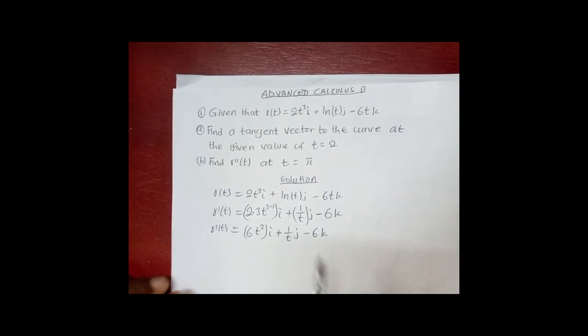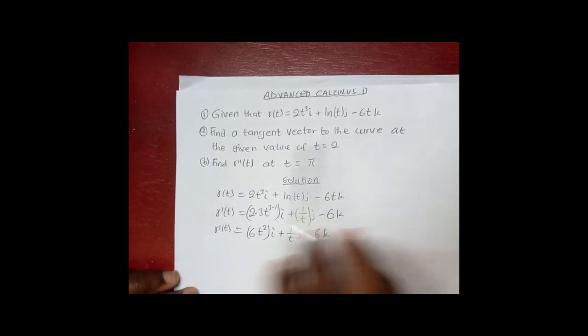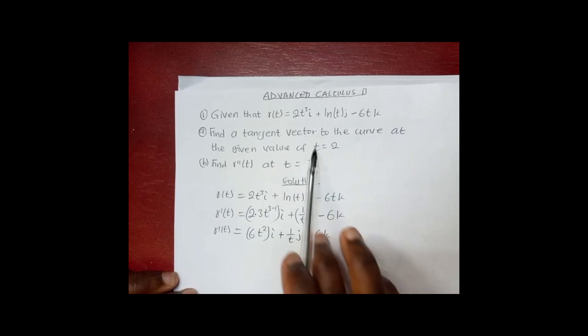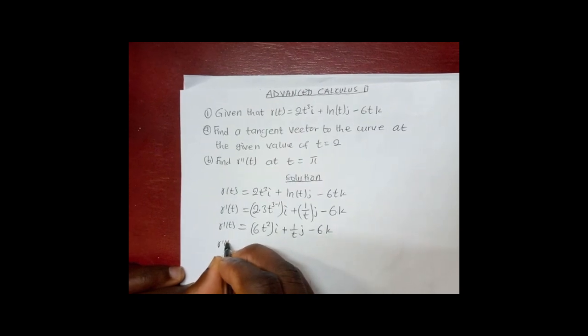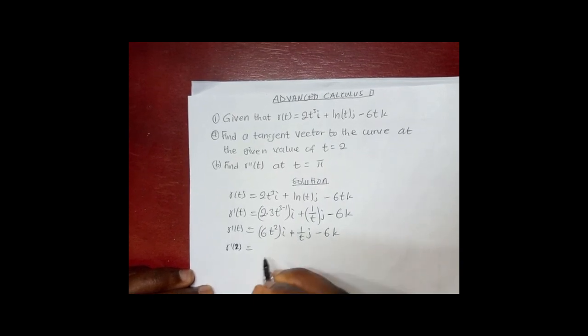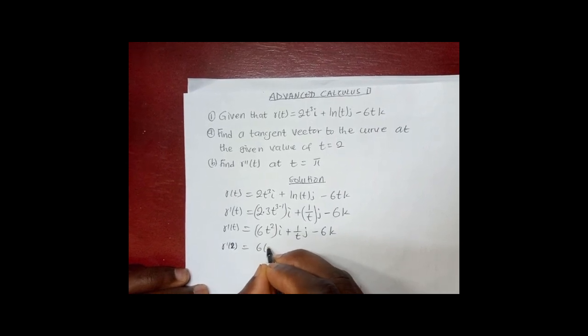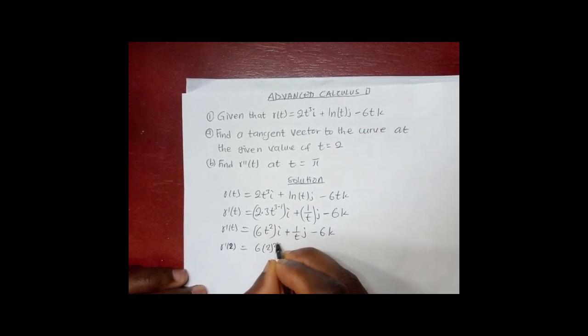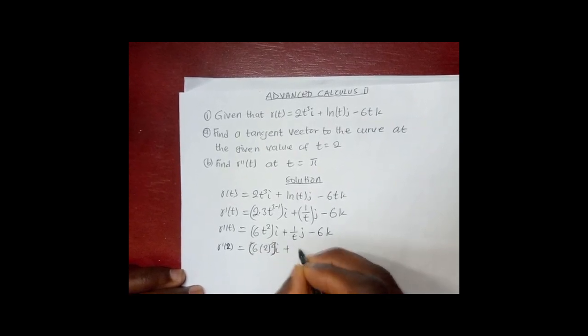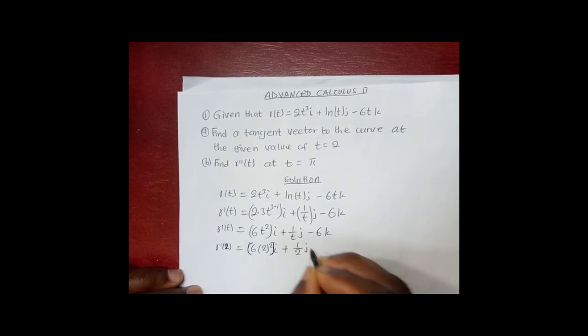But the question says we should find a tangent vector to the curve at the given value of t equal to 2. So we have to do substitution here. We have to find r prime of 2. This time not t but 2, because we are substituting the value of t into the function. So we have 6 multiplying 2 exponent 2 i plus 1 over 2 j minus 6k.